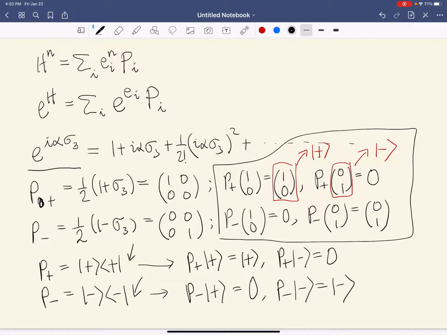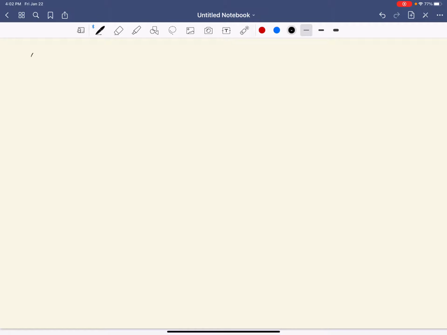Okay, so, well, but still, what good is that? Well, first of all, according to the usual rules for the projection operator, indeed, if I add these two projectors, I get one, where one means a 2 by 2 unit matrix, really.